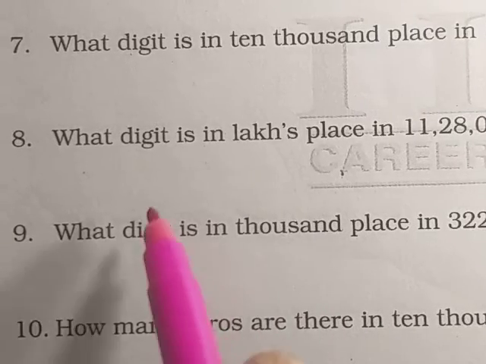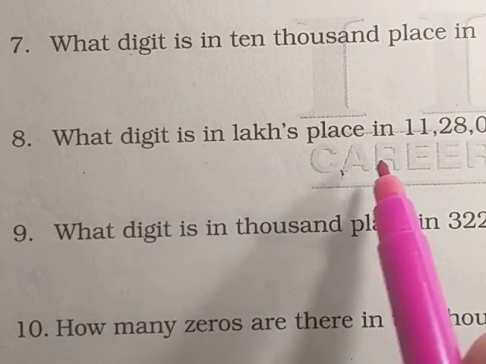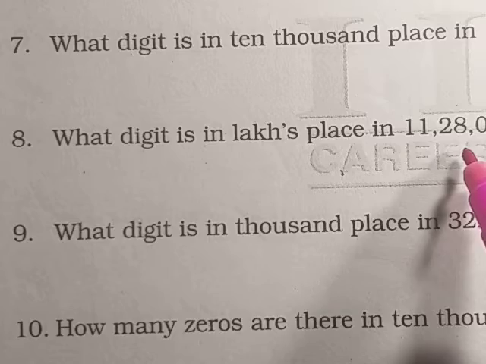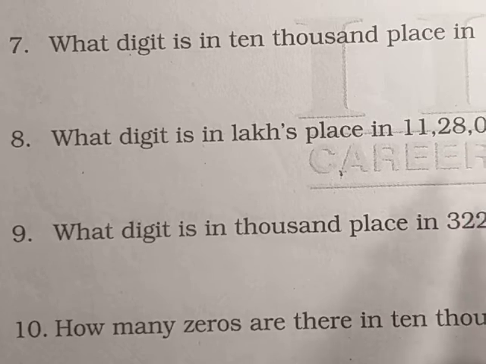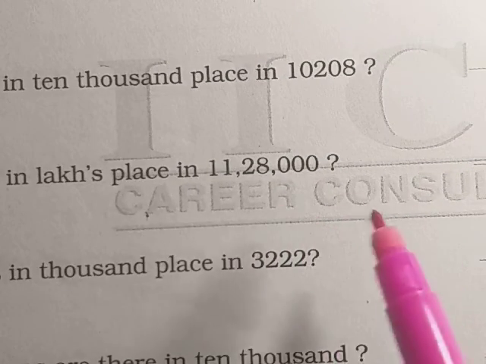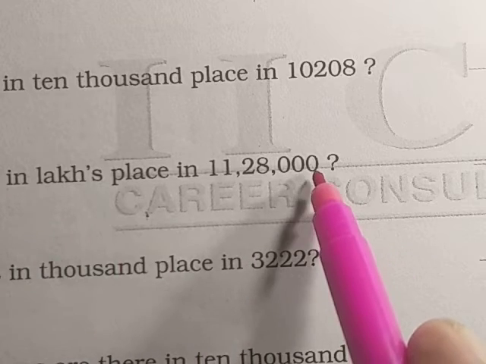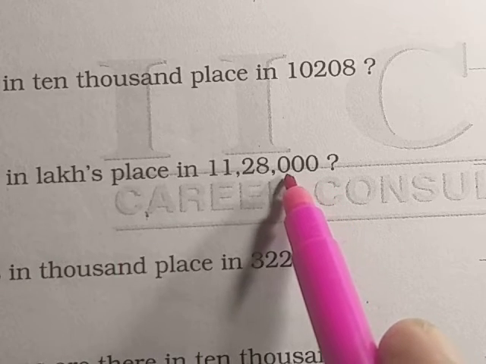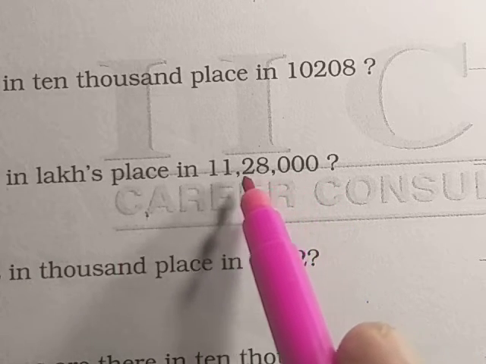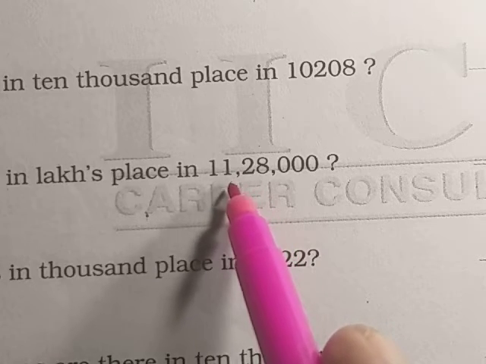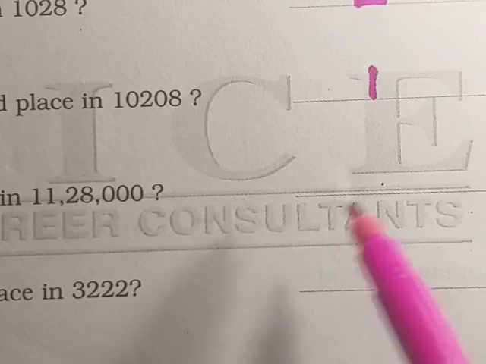Similarly, what digit is in lakhs place in 11 lakh 28,000? That is lakh. Unit, 10, 100, 1000, 10,000, lakh. In lakh place there is 1. Therefore, our answer should be 1 here.